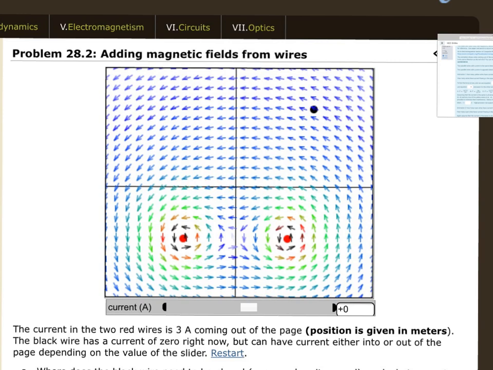So what we need is the black wire to have a field in the opposite direction, going this way to cancel that field and get it to 0. So for the current to be going this way in the wire, that's counterclockwise. The wire has to have current coming out of the page, so we set it at a positive value and we find the location, and we can solve this problem mathematically as well.